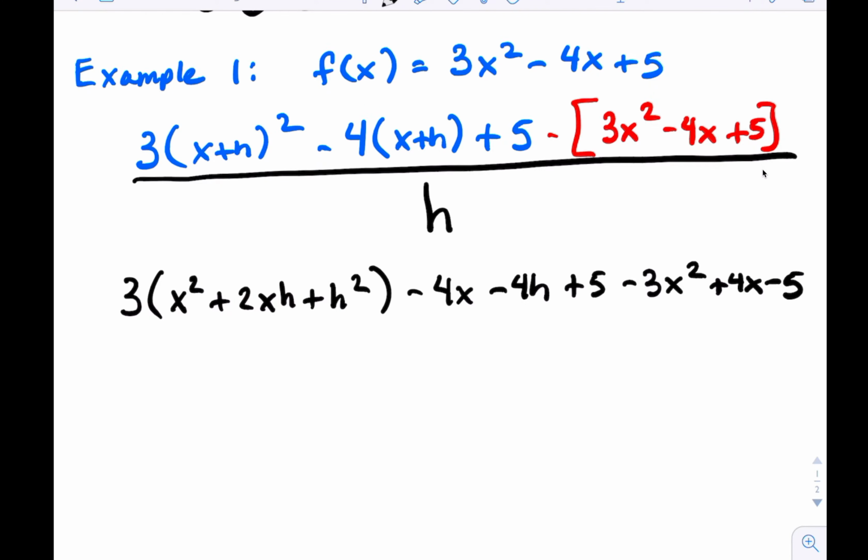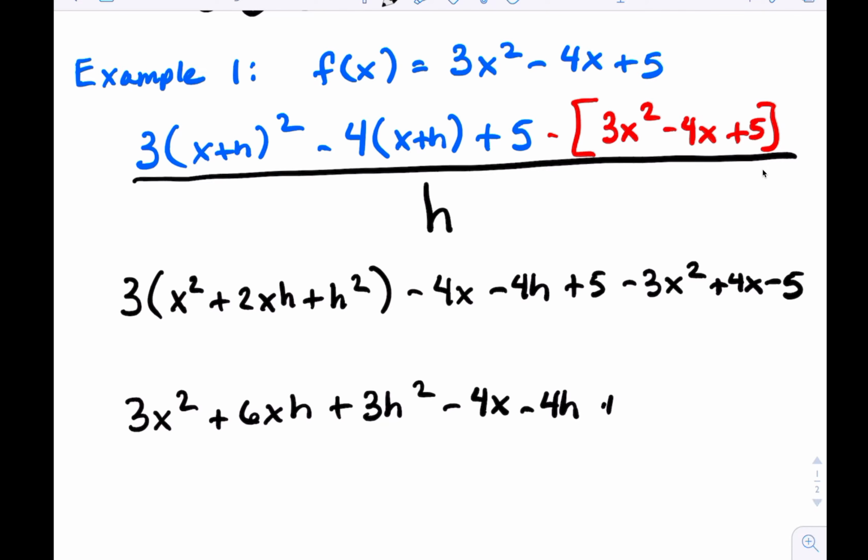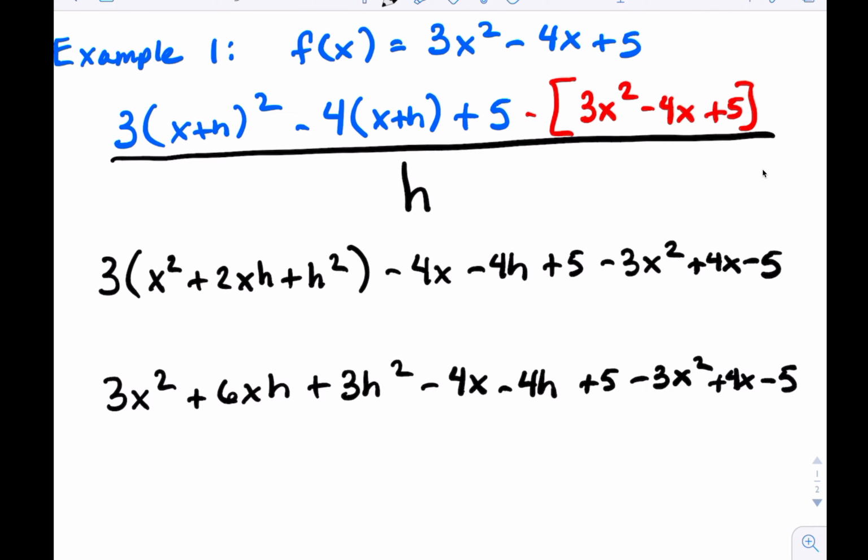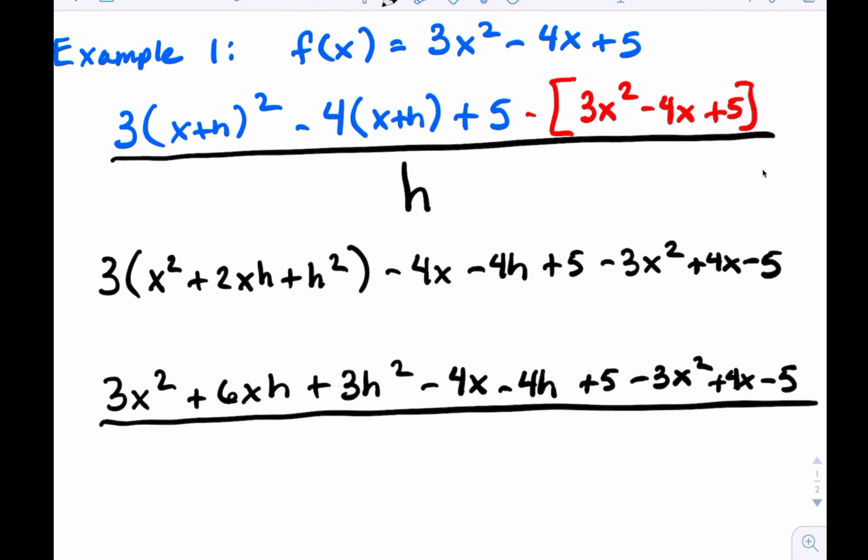If I distribute again, I have 3x squared plus 6xh plus 3h squared minus 4x minus 4h plus 5 minus 3x squared plus 4x minus 5, and that all is over h.